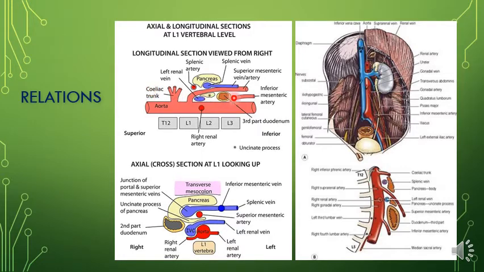Anteriorly the abdominal aorta is covered by the parietal peritoneum and crossed by the root of the mesentery, which is not seen in these images, but you have to remember it. So all these structures form the anterior relations of the abdominal aorta.